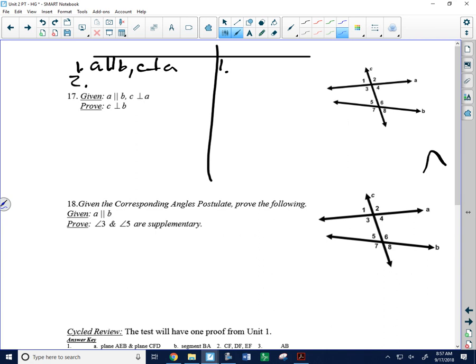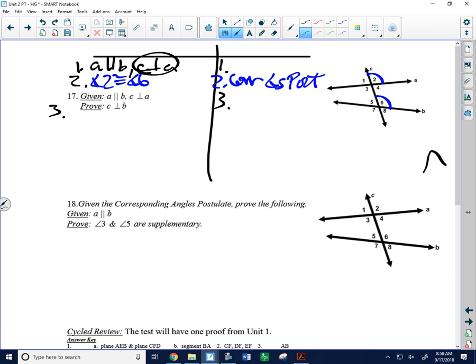So A is parallel to B. I'll start like I did on the last one. I think it was 2 and 6. A parallel to B means 2 and 6 are congruent. Corresponding. Let's see if I chose that below. Oh, I did choose 2 and 6. So then we'll use my other given.